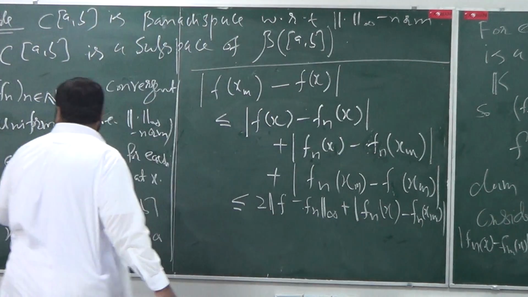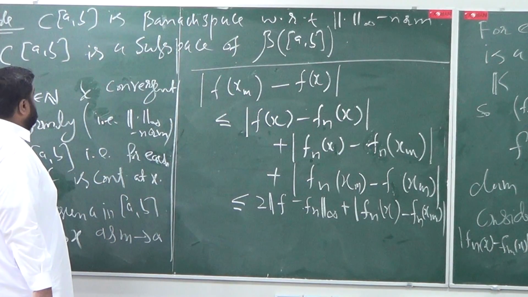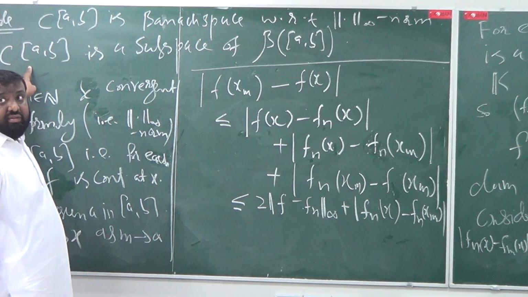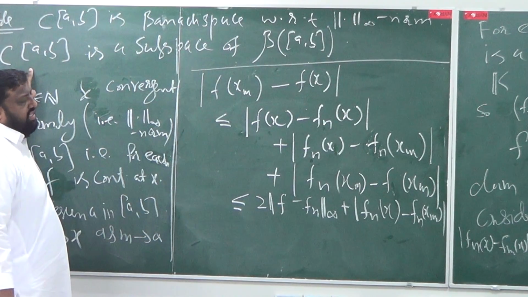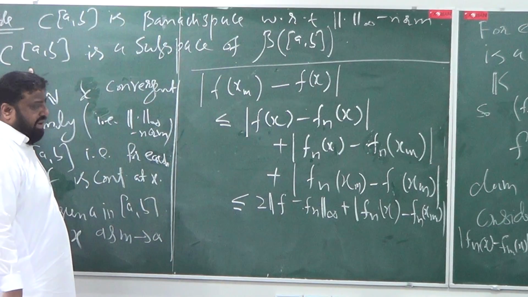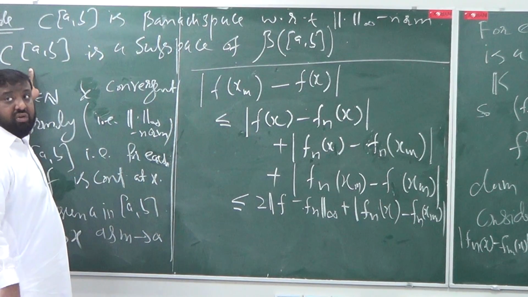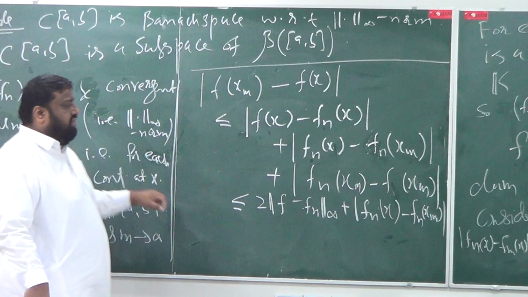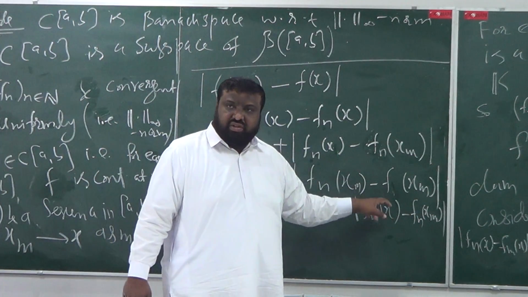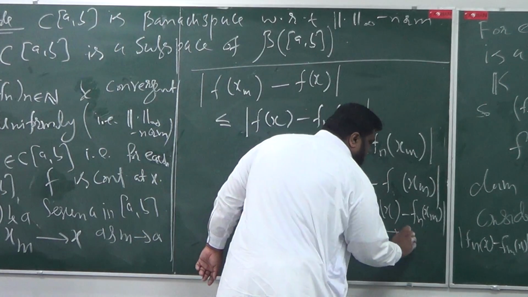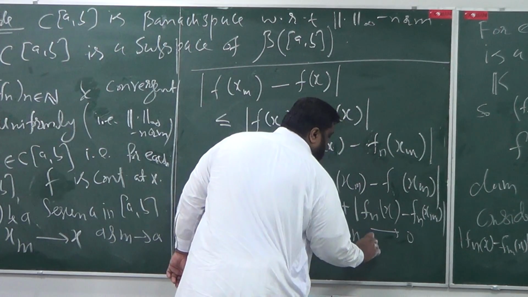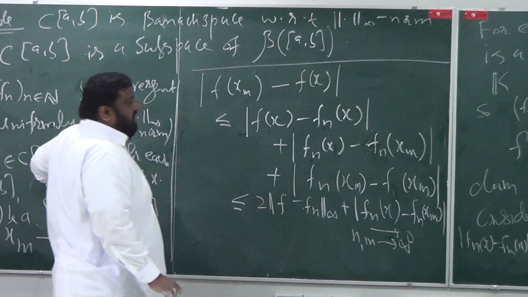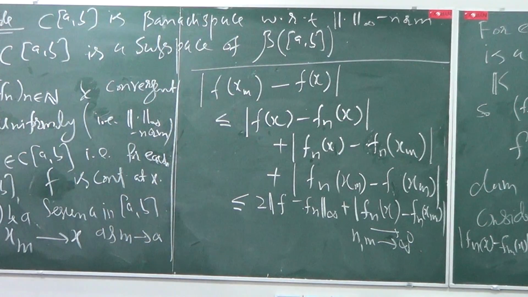Because f_n is a sequence in C_b, a sequence of continuous functions, and continuous functions map convergent sequences onto convergent sequences. So if x_m converges to x, then f_n of x_m will converge to f_n of x. In other words, this guy goes to 0 as m goes to infinity. This is what we wanted to show.